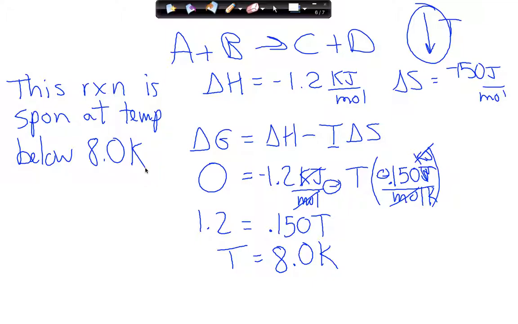And then they would ask you the follow-up question, at what temperature range is this reaction spontaneous? And you'd have to take those delta H and delta S values that you calculated previously and then use them. But one way or another, to do this, you've got to have delta H and delta S. They could give it to you or they could have you come up with it. You guys good? All right.